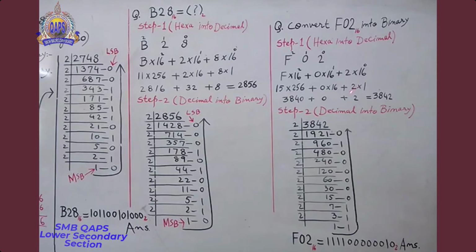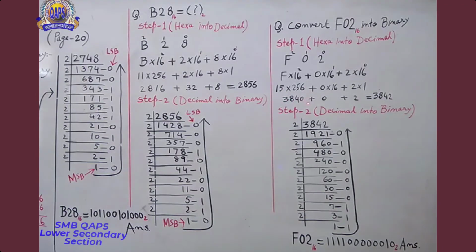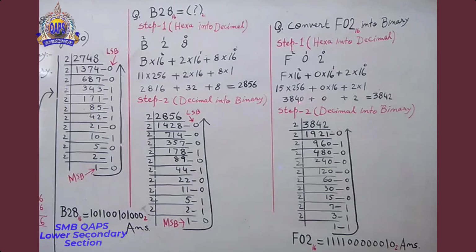So it will be 2 into 1. Now 256 multiply it by 15, the answer will be 3840. You understand or not?